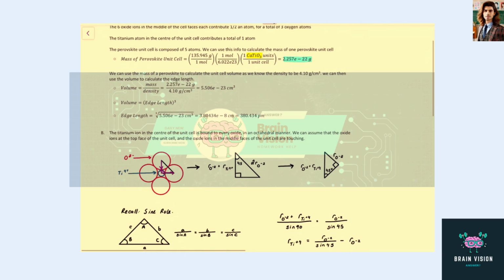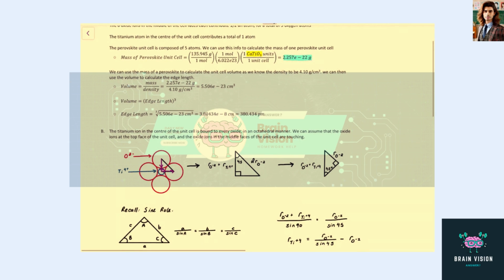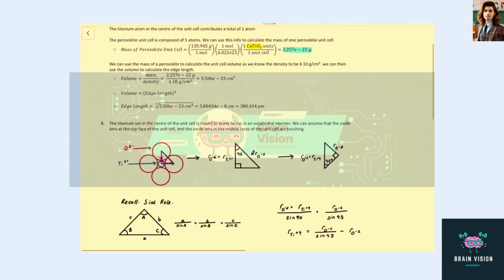And what we want to do is employ the sine rule in order to get 2 different equations for the radius of titanium. So first we take our triangle of the oxides and titaniums, and to simplify it, between this step and this step, I have basically halved the triangle in order to make the calculation a bit simpler.